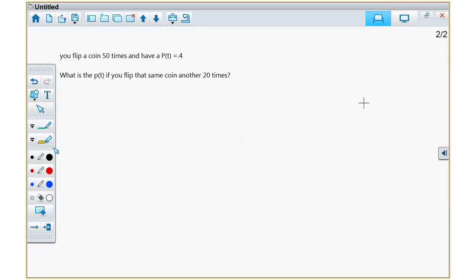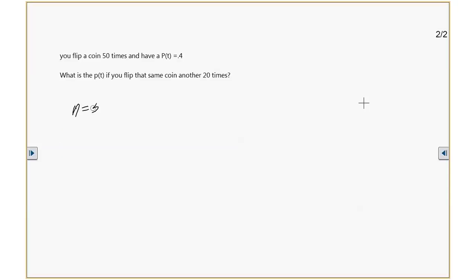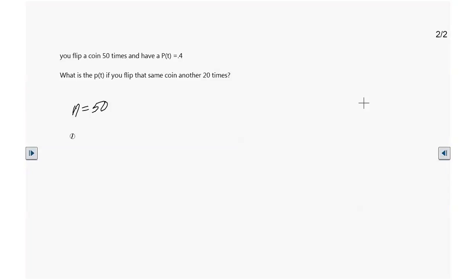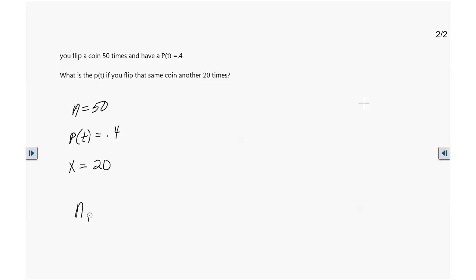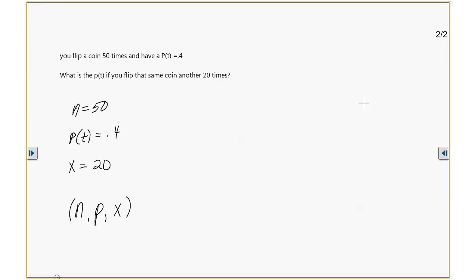So N is equal to 50 times, probability of tails is equal to 0.4, and X is equal to 20. N, P, X. Write that down, because that is what we're doing.